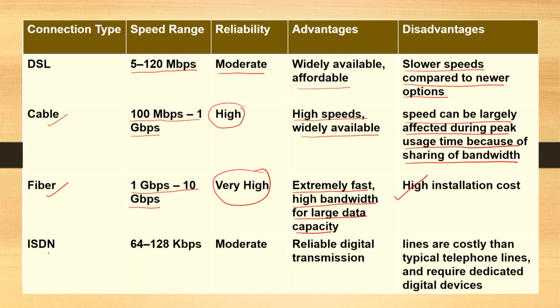In the case of ISDN, that is another connection type, its speed ranges from 64 to 128 kbps. Reliability is moderate. The advantage is reliable digital transmission, but with the limitations that the lines are costlier than typical telephone lines and require dedicated digital devices. Therefore, it is mostly used in organizations and offices and very little in homes.